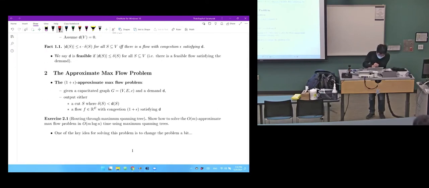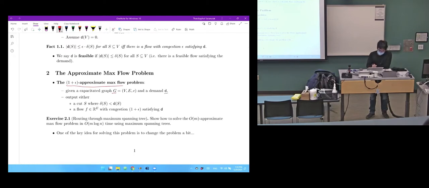Approximate max flow. So you are given a graph, and you're given the demand. You want to find the violating cut, or you want to find the flow with condition 1 plus epsilon that satisfy the demand. And we reduce this problem to something much simpler.